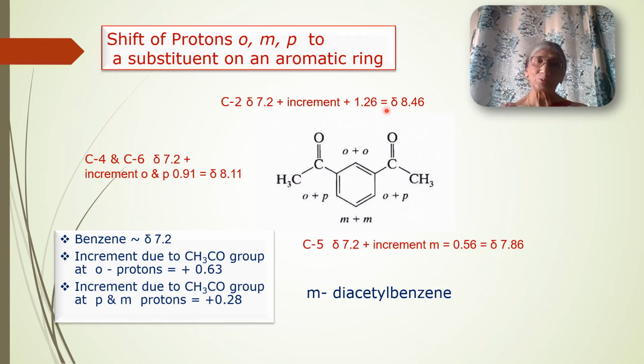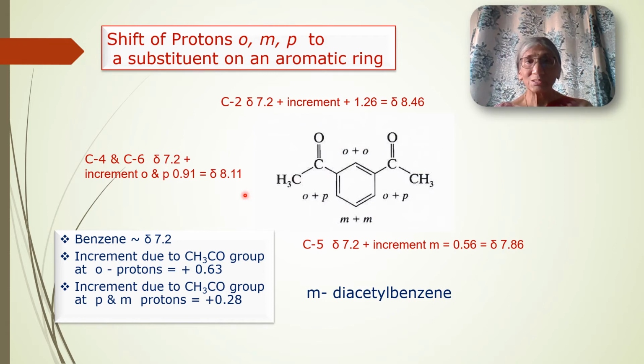Now look at the protons C4 and C6. C4 protons and C6 protons are equivalent protons. At C4, this acetyl group is ortho, whereas the acetyl group present at carbon number 1 is para with respect to C4 protons. Similarly here at C6 protons, the acetyl group present on carbon 1 is ortho, and the acetyl group present on the third carbon is para.